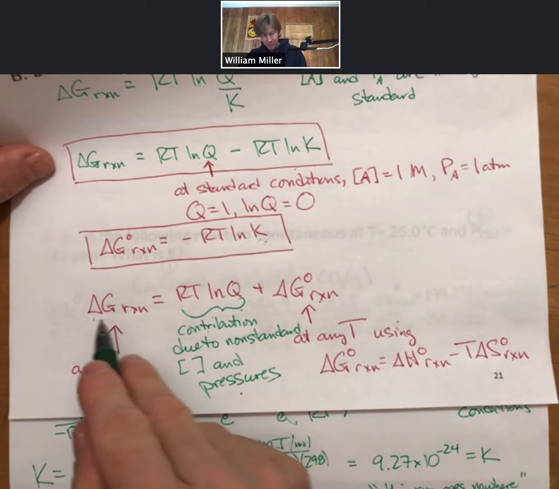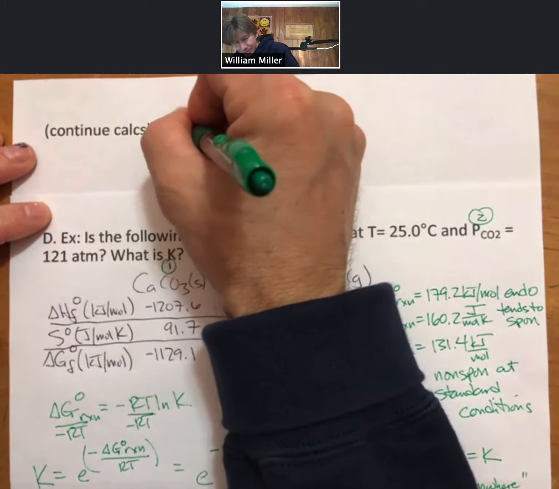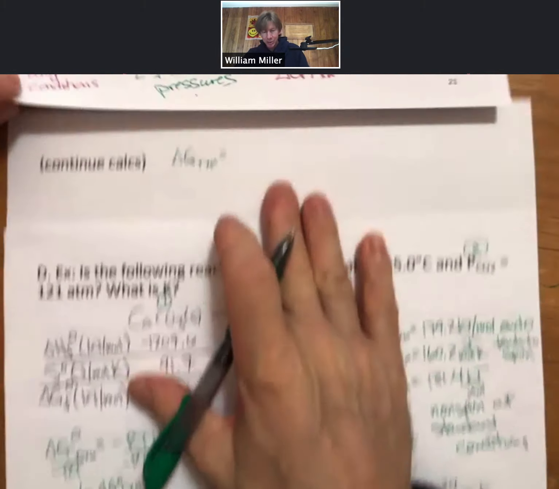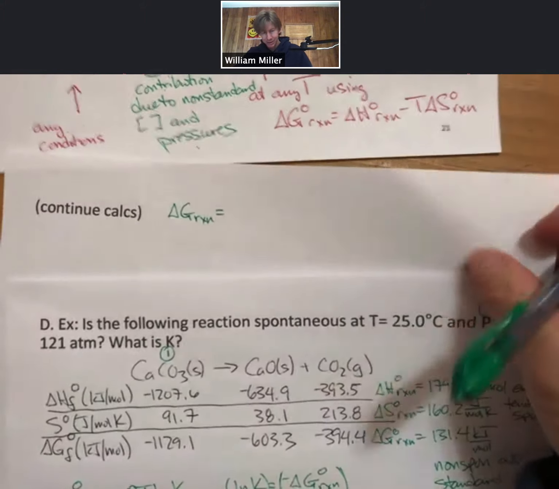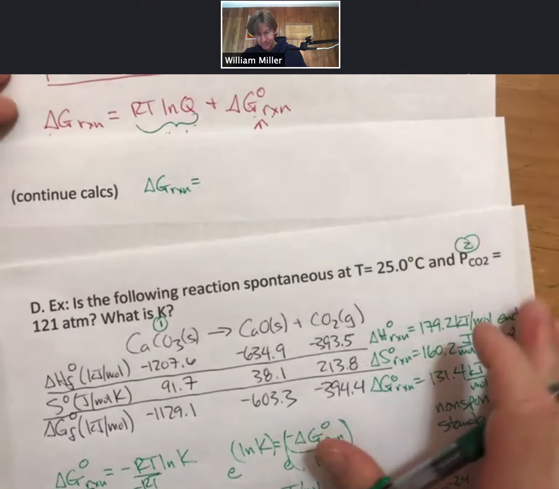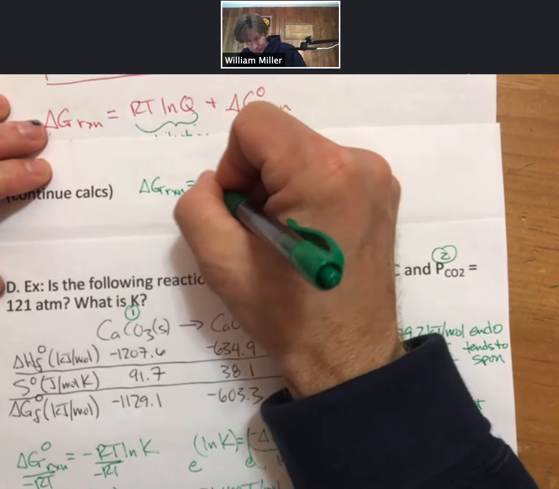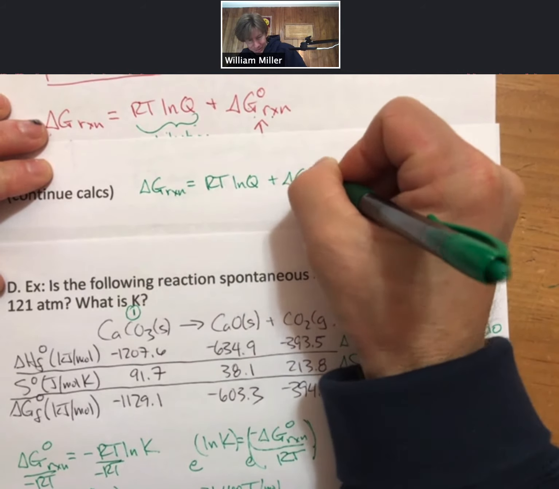Let's write this equation first. Delta G reaction equals RT ln Q plus delta G naught reaction.